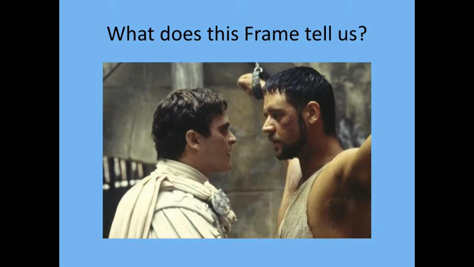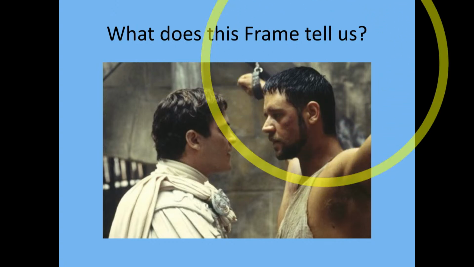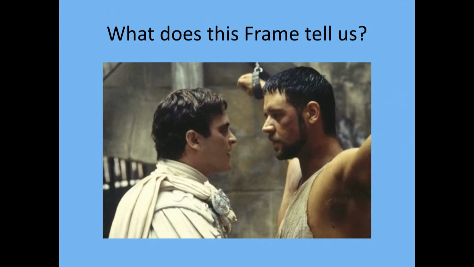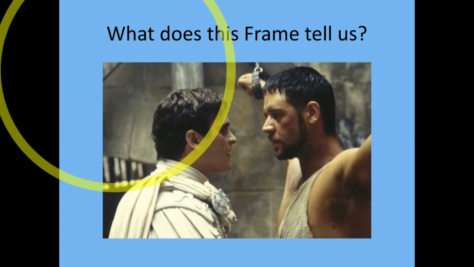Again, everything is done very purposefully. We have Maximus, oh my gosh, I can't remember his name. So the person over here is Maximus Decimus Aurelius. And then we have, I can't remember Joaquin Phoenix's character's name.